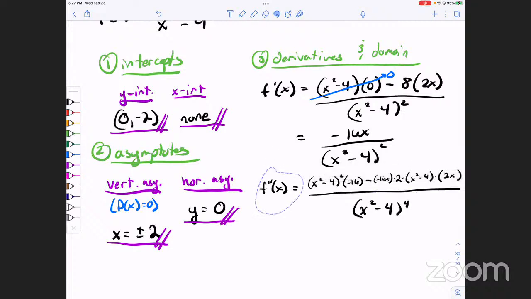Simplify this any. It looks like both terms have that x squared minus 4, at least one of them. So let's highlight what we can factor out. They both have at least one of these. There's one there and one here.